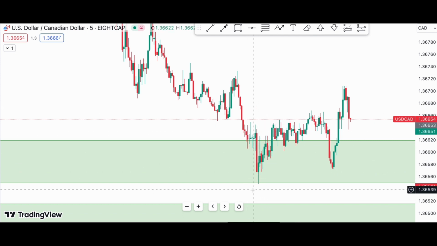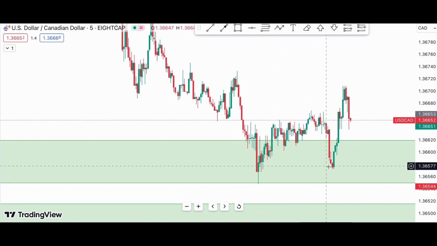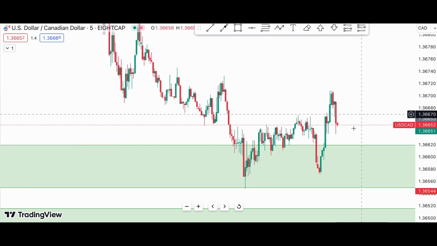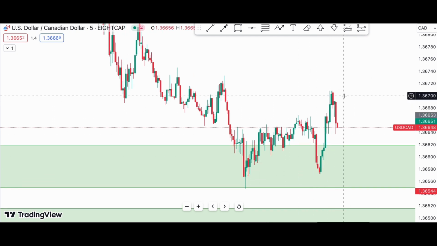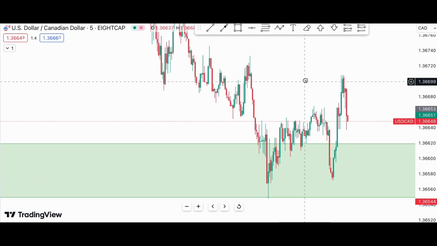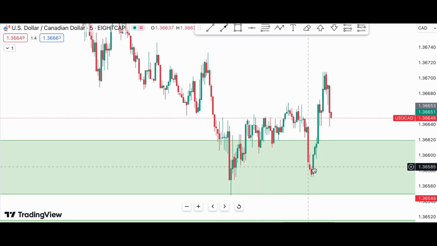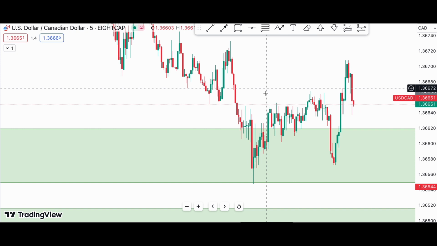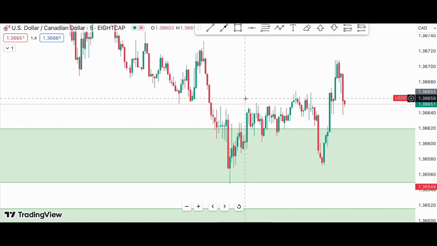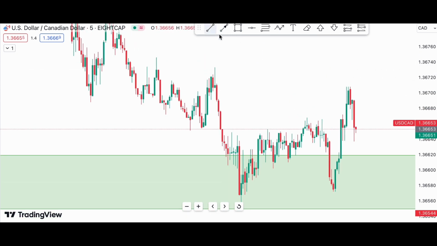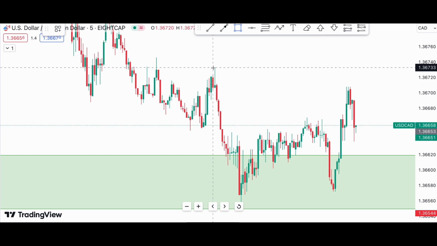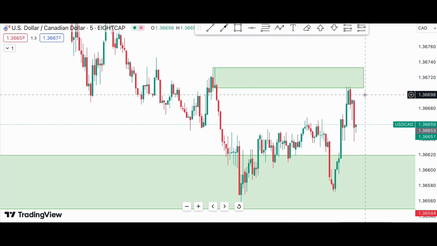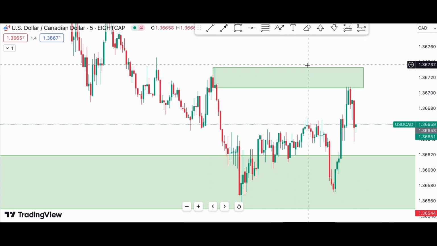First rejection happens, yes. Second rejection. So we can take some risk when the price has a rejection here, unable to break through. But for the best, what we want to see is to wait for this level to break through, because we can see right here this is a very important resistance level.